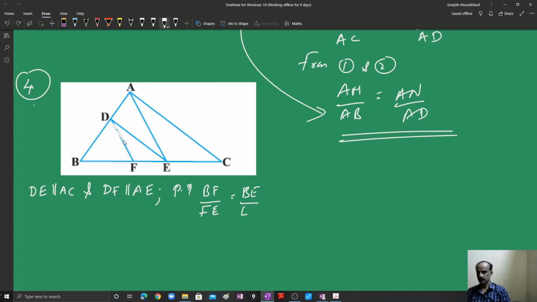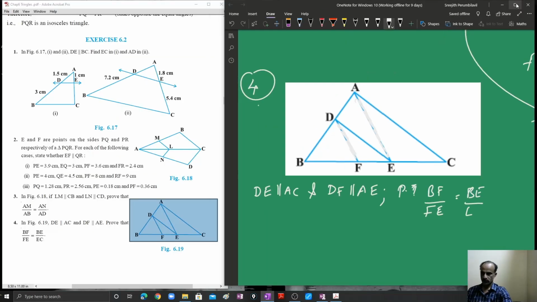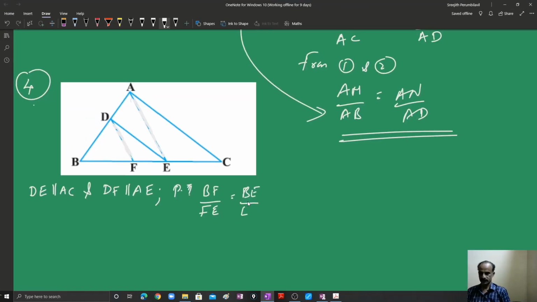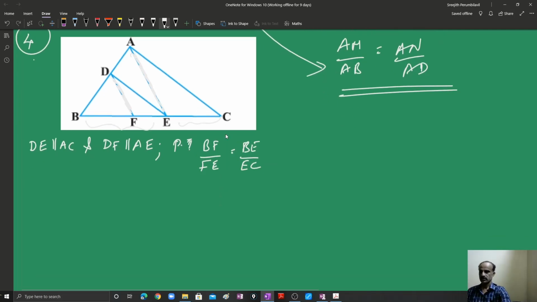We have just erased this part and this part. So is there any scope for getting BE by EC? What was asked? I forgot that part. BE by EC.